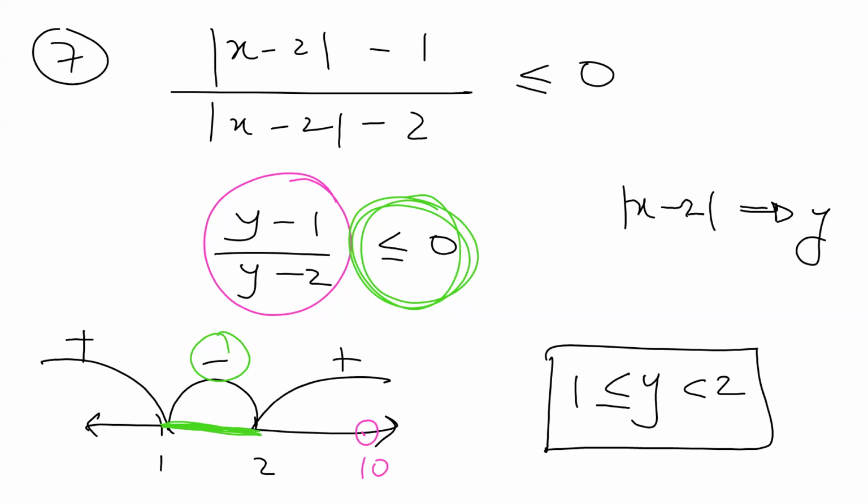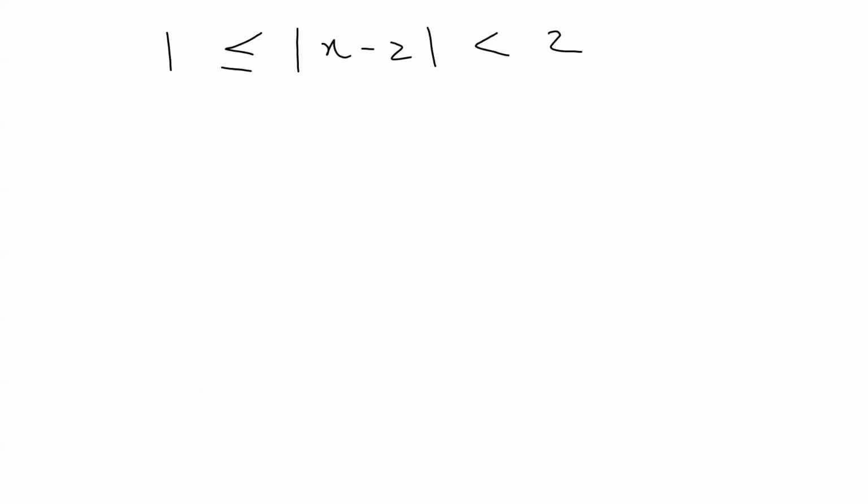So modulus of x minus 2 is replaced over here because ultimately that is the answer. This is a double inequality. In between, "and" or "or" will come. And.